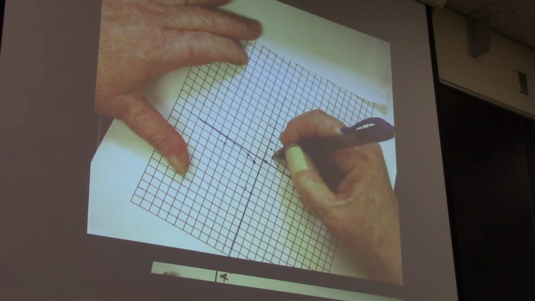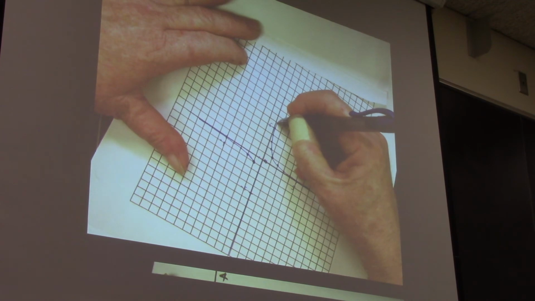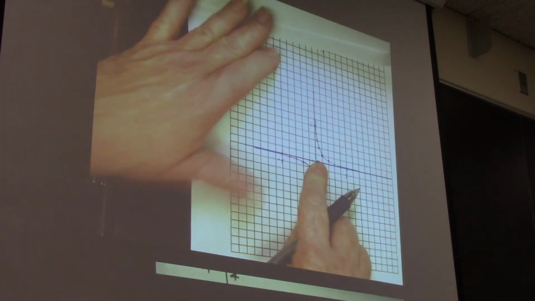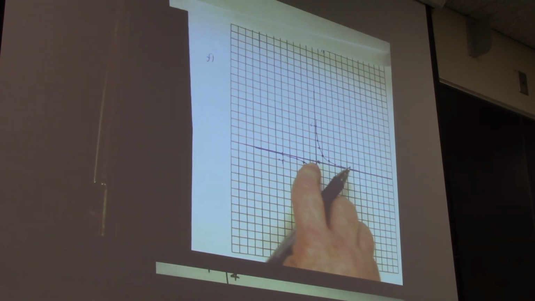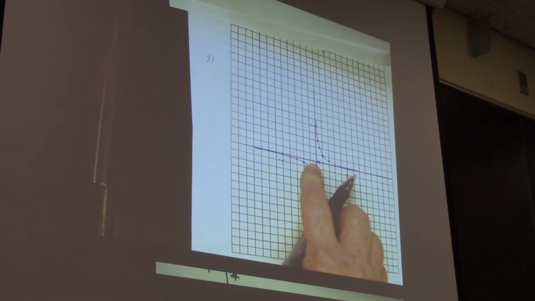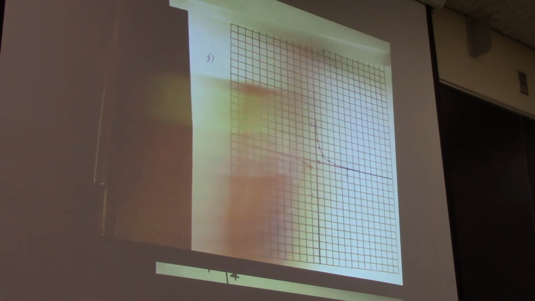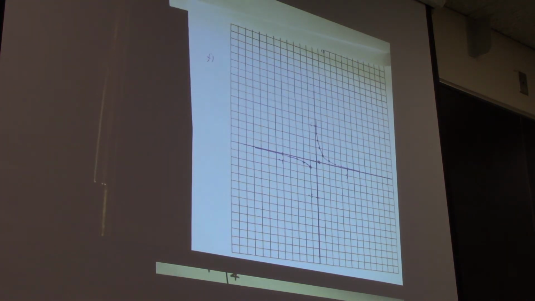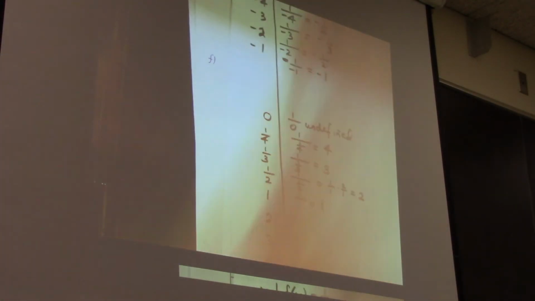So the closer these x values get to 0, at least on the right-hand side, the larger the y values get. But precisely at x equals 0, there is no point on the graph. There is no y value. Now, same thing happens on the other side.